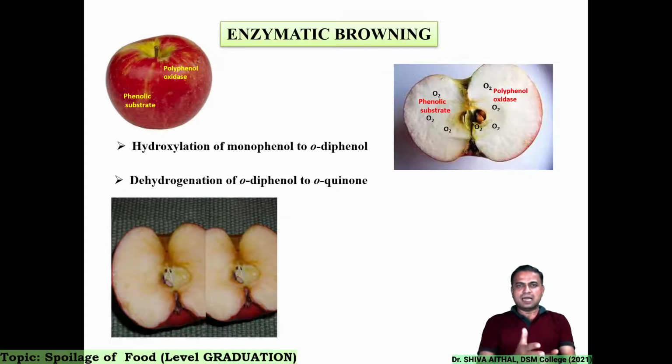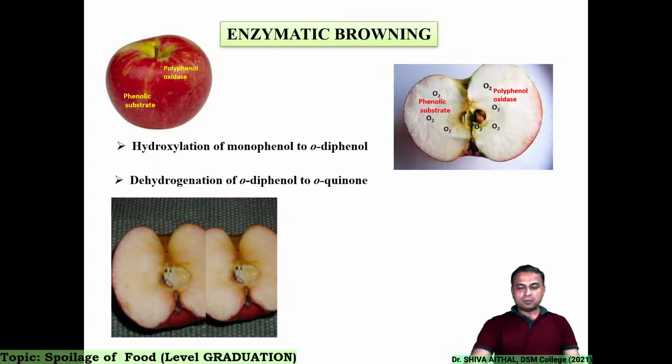If you cut an apple and keep it in the air for a long duration, the phenolic substrate in the apple is acted upon by the enzyme polyphenol oxidase, with O2 present. Hydroxylation of monophenol to orthodiphenol and dehydrogenation of orthodiphenol to orthoquinone takes place. This is purely a chemical reaction. No microorganism is involved in it, and therefore it is chemically induced spoilage of food by the components present within the food.